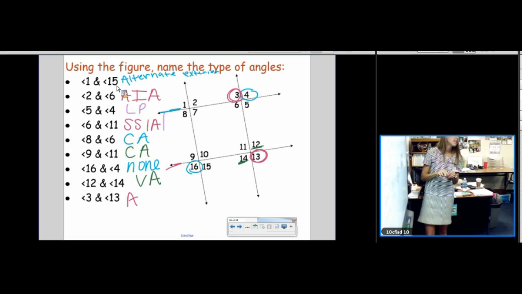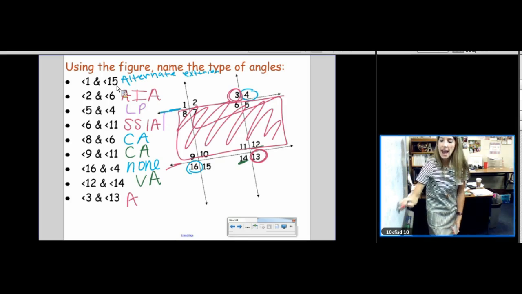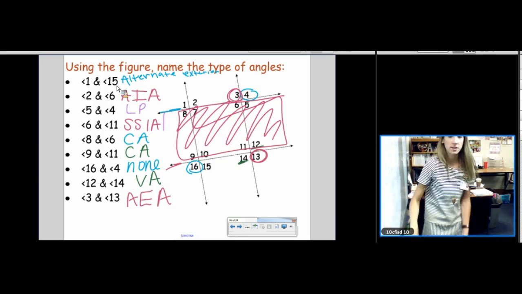Inside or outside? If this was my house, are they in the house or out of the house? Out. Very good. So alternate exterior angles. That's a wrap.